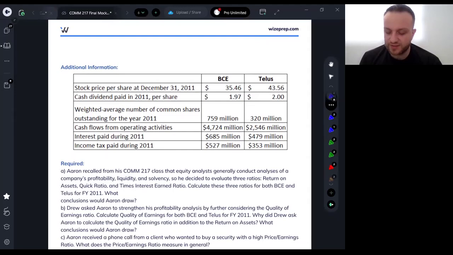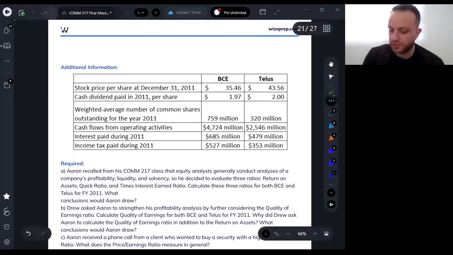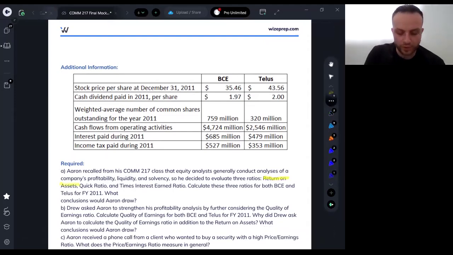So he decided to evaluate 3 ratios. Return on assets. They love that one, one of their favorites. The quick ratio, and the times interest earned. Calculate these three ratios for BCE for fiscal year 2011. What conclusions would Aaron draw?